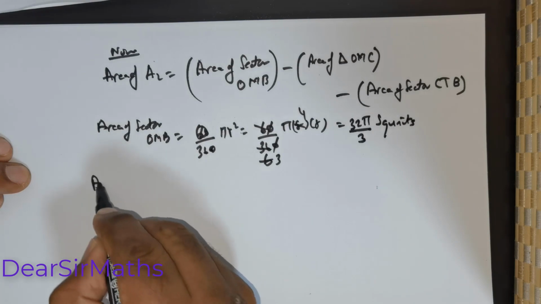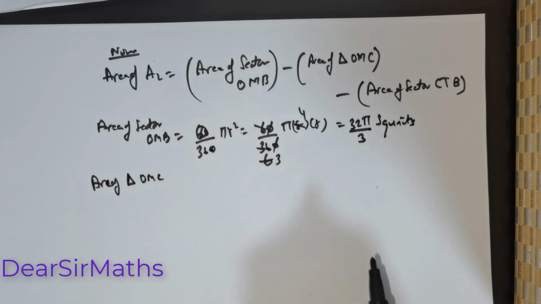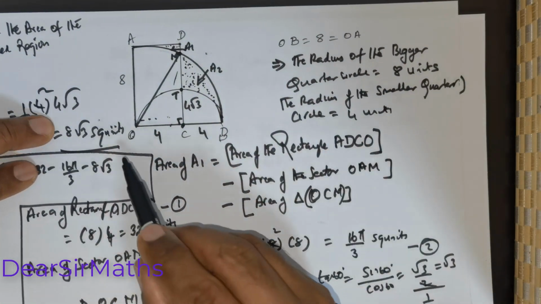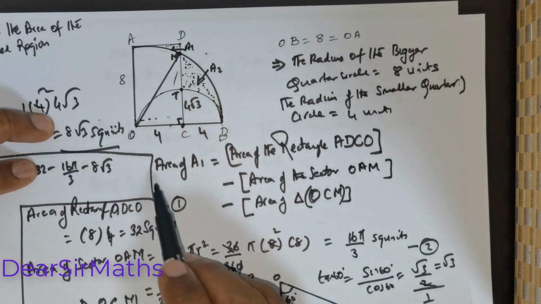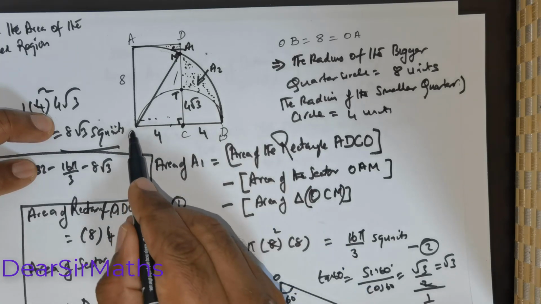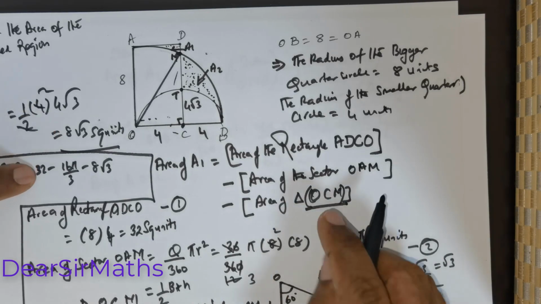Now area of triangle OMC. Now area of triangle OMC, what is it? That is the same as area of the triangle OCM. So we've already got that, right?